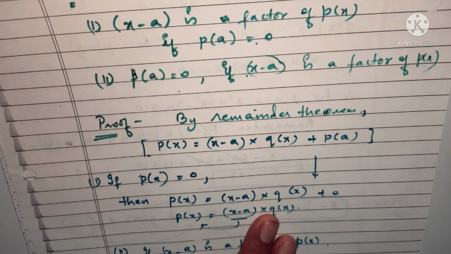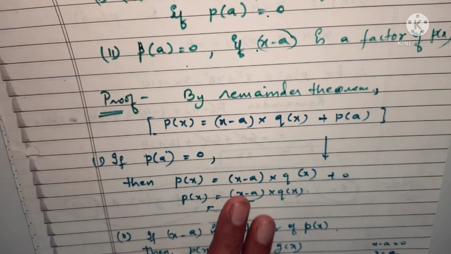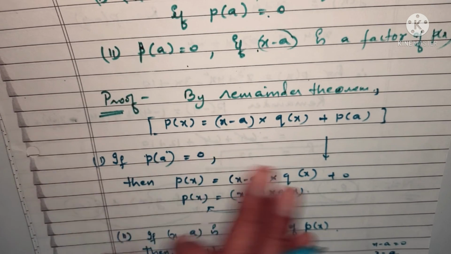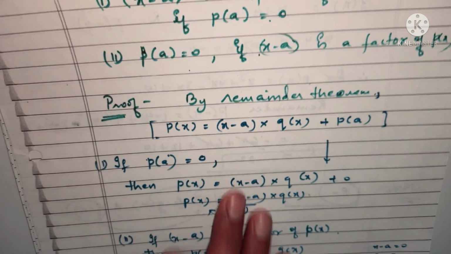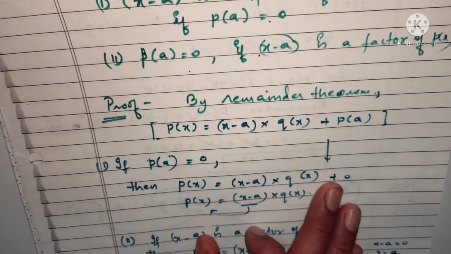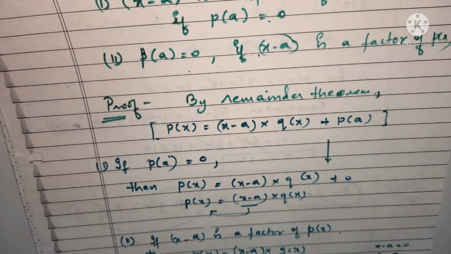In the next session we'll start with some of the questions, because we have done some practice questions on the remainder theorem also. So we'll try to do some questions related to factor theorem also, and then we'll start with factorization, from the basics. Again the basic series will start for factorization.